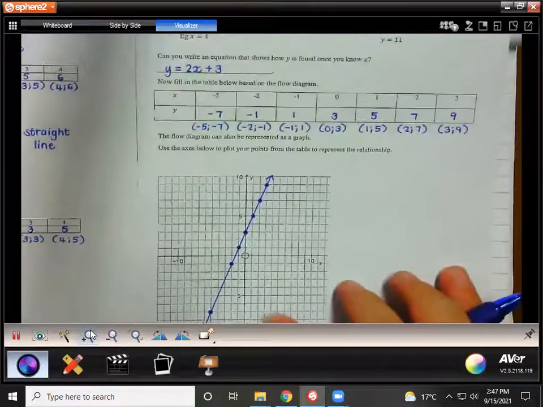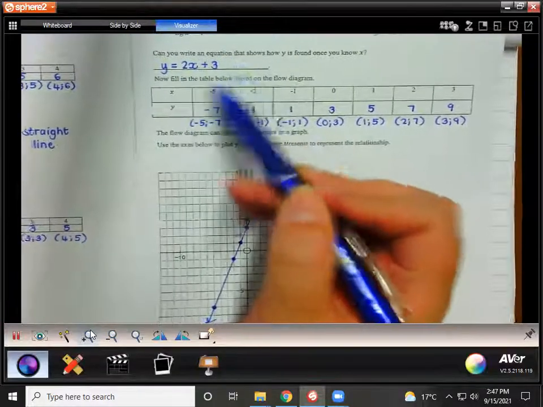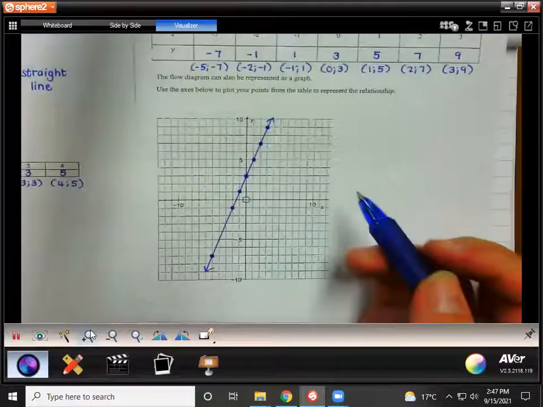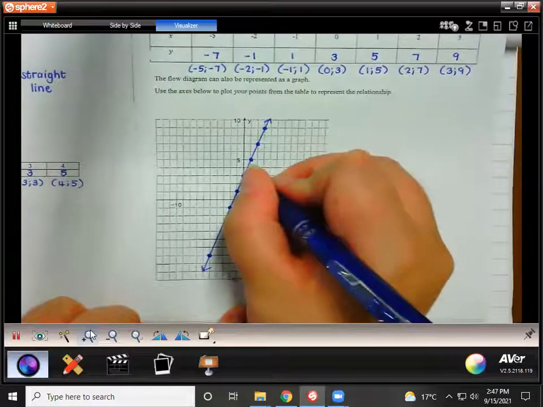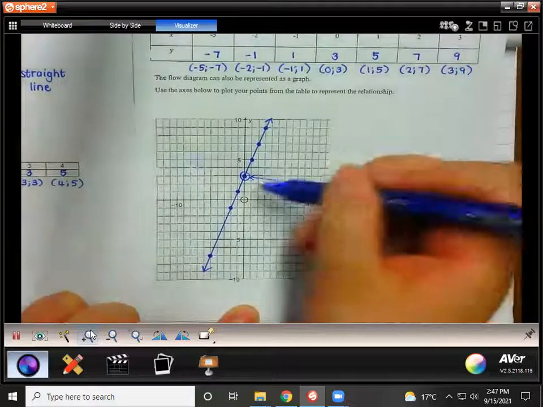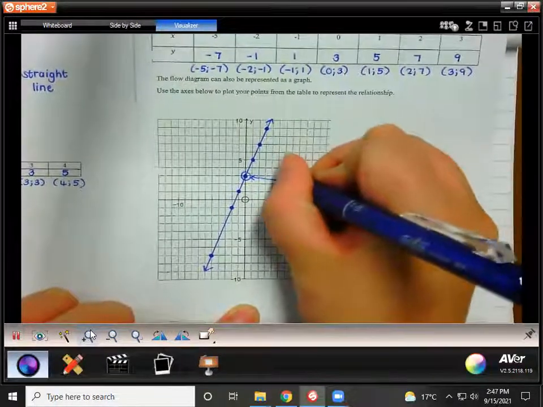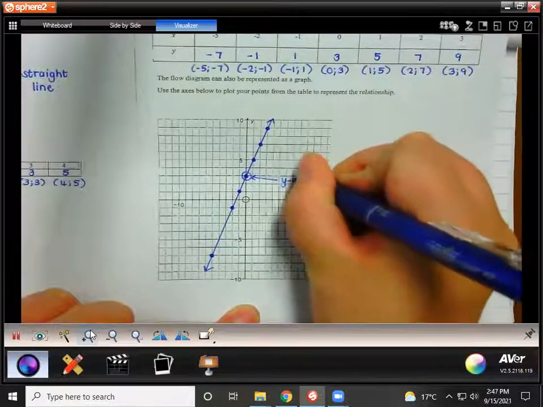Okay, guys, let's look at this one. This equation is y equals 2x plus 3. So the constant term is +3. Do we see that our y-intercept is at +3? 1, 2, 3. If you count your blocks, that is again the y-intercept.